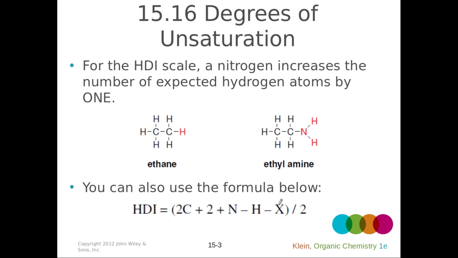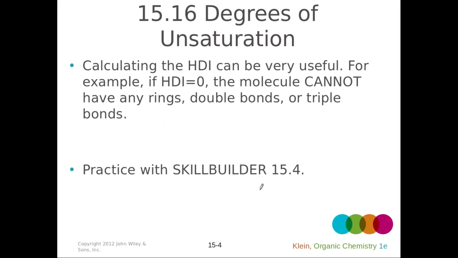So we can use this formula if we have a fairly complicated molecular formula to calculate our degrees of unsaturation or our hydrogen deficiency index. So our HDI is given by 2 times the number of carbons plus 2 plus the number of nitrogens minus the number of hydrogens minus the number of halogens, all divided by 2.